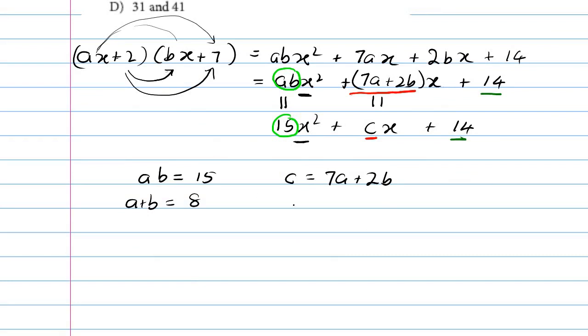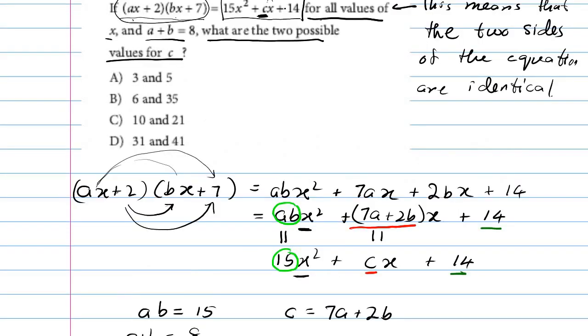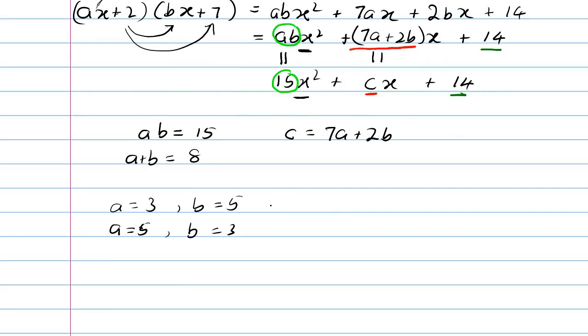Can you guess any numbers that match this? I would guess a equal to 3 and b equals 5. Another thing you can guess is a equals 5 and b equals 3, right? It seems that these are the only two answers, because they ask for the two possible values for c. So you have two different answers.